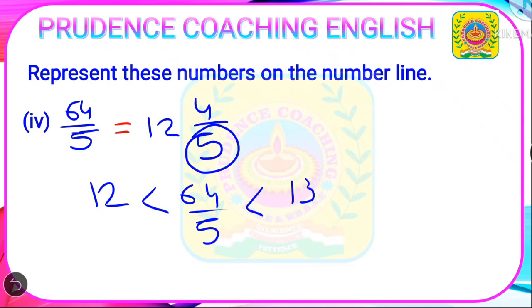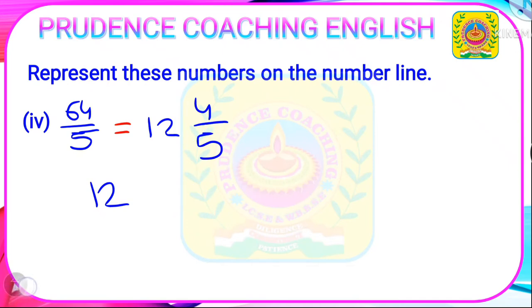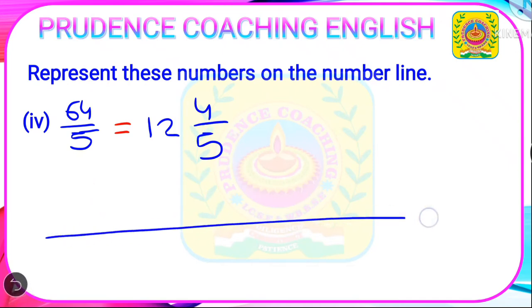So again we will draw a number line. This is our number line, which has no end on both sides, and here our main task is between 12 and 13. As the denominator is 5, we need to divide this space into 5 equal parts.